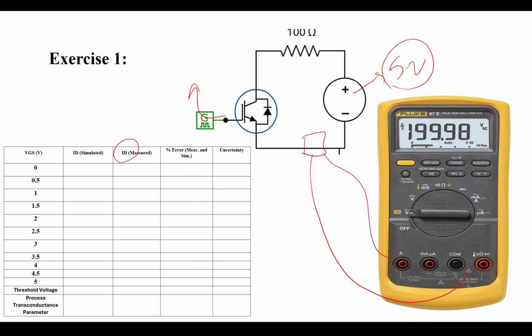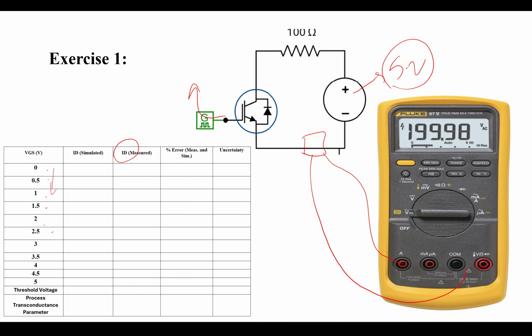Either way, you can use one of the variable channels for your VGS and apply the voltage between gate and source. With a half-volt step, increase the voltage and find out what is going to happen to the drain current.